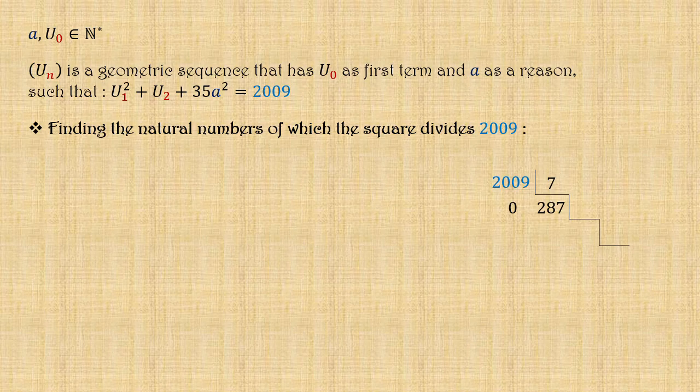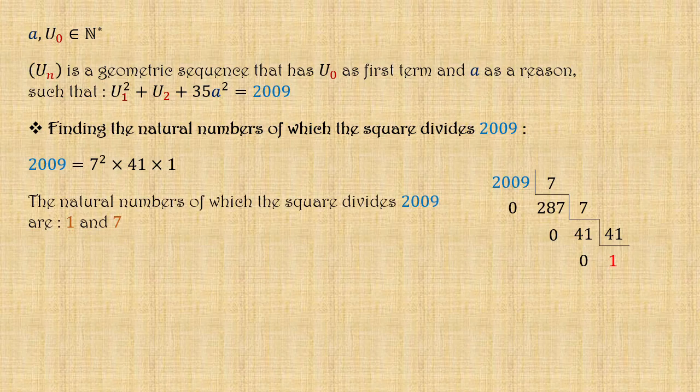And the division of 287 by 7 gives the number 41, which is a prime number, and when we divide it by itself we finally find the number 1. Therefore 2009 equals 7 squared times 41 times 1. And from this writing, we deduce that the natural numbers of which the square divides 2009 are 1 and 7.